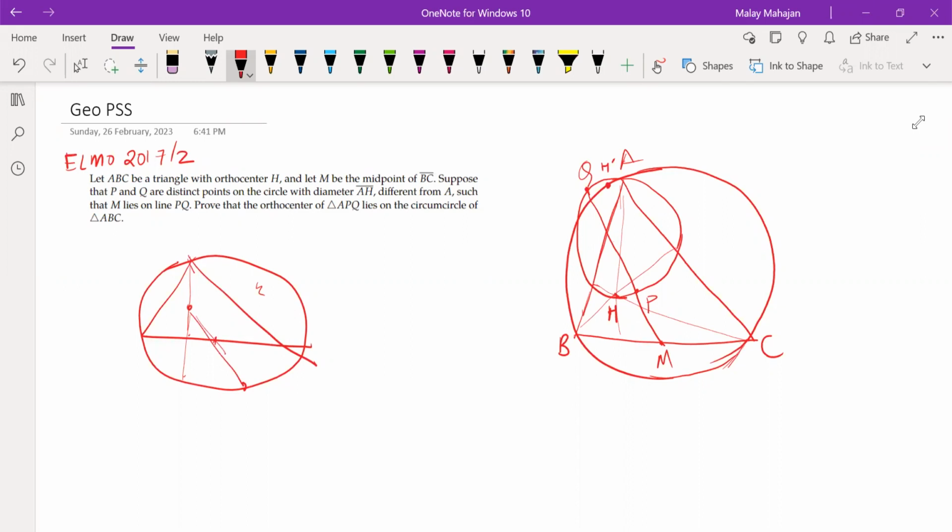So if we see triangle APQ, we already have the A antipode in APQ is H. So we basically want to show that HH' has its midpoint as the midpoint of PQ. So let's add the midpoint of PQ, let's call it N. Now we want to prove that H' and H have midpoint N.